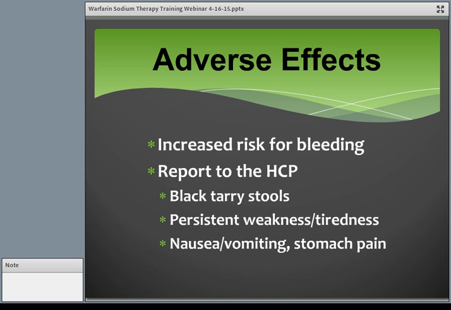A high INR can be treated by administering vitamin K. This would require an HCP order. Remember, vitamin K plays a major role in blood clotting and when prescribed will help lower the INR, thereby decreasing the risk for bleeding. Know and follow your agency policy for medical emergencies by calling 911 if needed.